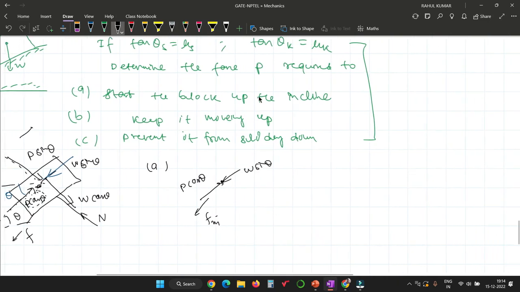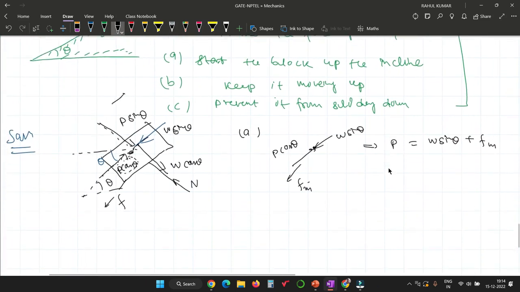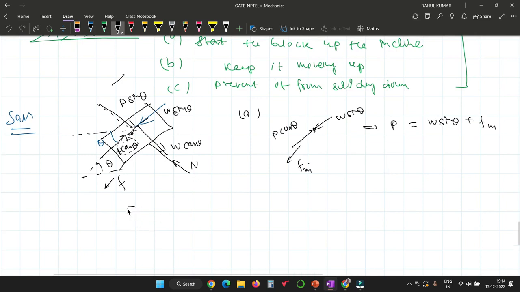Then P cos theta equals W sin theta plus Fm. Now if we maintain equilibrium in the perpendicular direction, then N equals P sin theta plus W cos theta.